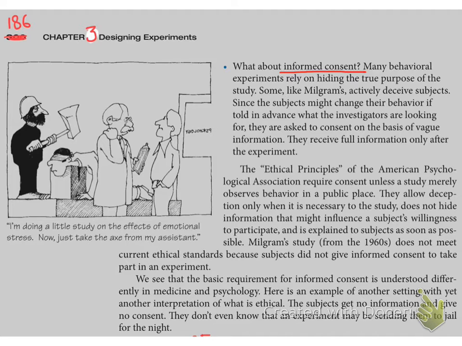So that is very hard for the experimenter. If they tell it, they have the consent, and if they don't tell it, then it's against ethics that they don't inform the participants what's going on.